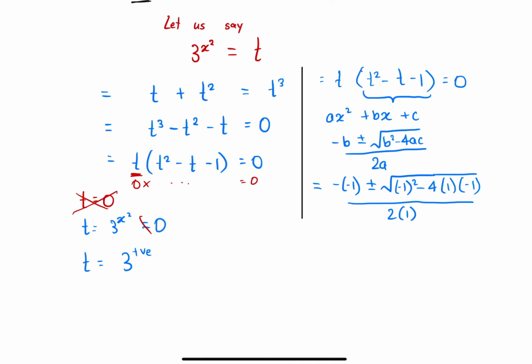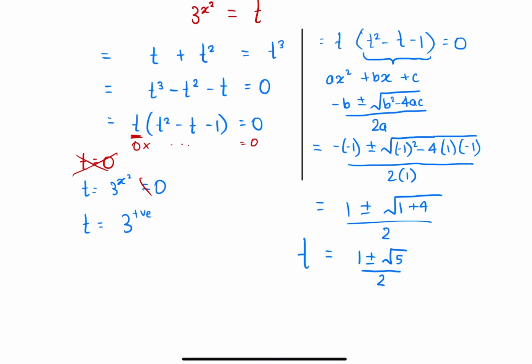So simplifying this, we'd have 1 plus or minus the square root of 1 plus 4, divided by 2, which gives us 1 plus or minus the square root of 5 divided by 2. So we have our value of t, which is 1 plus or minus the square root of 5 divided by 2.